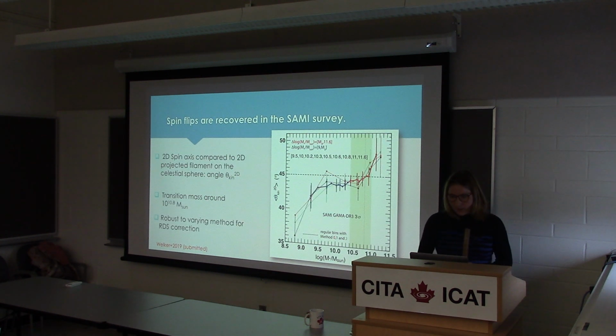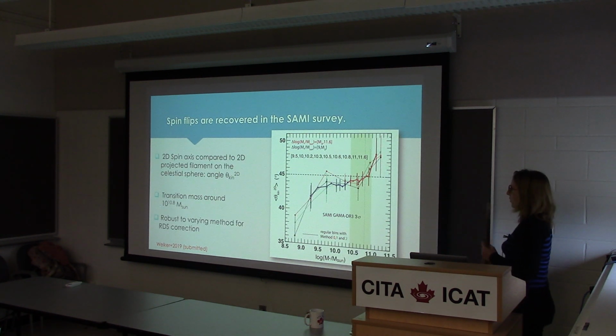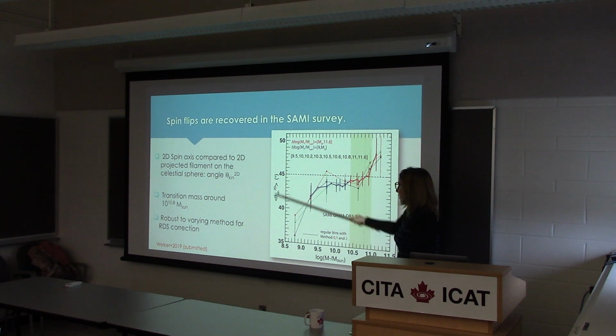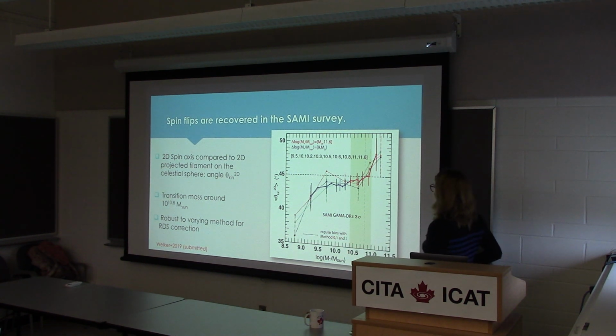All right. So we've seen that the flips are recovered. We want to be able to constrain the transition mass a bit more, the mass at which the orientation changes. To do that, we compute the average angle across different mass bins in different ways.